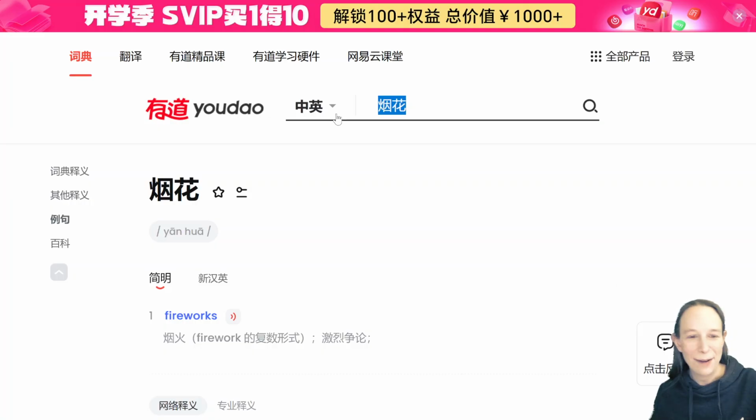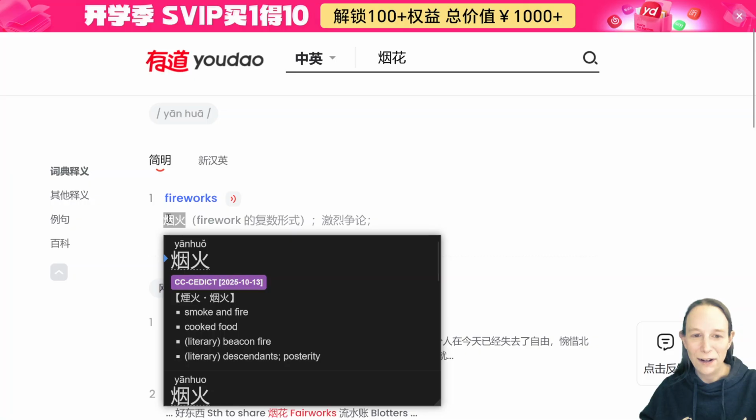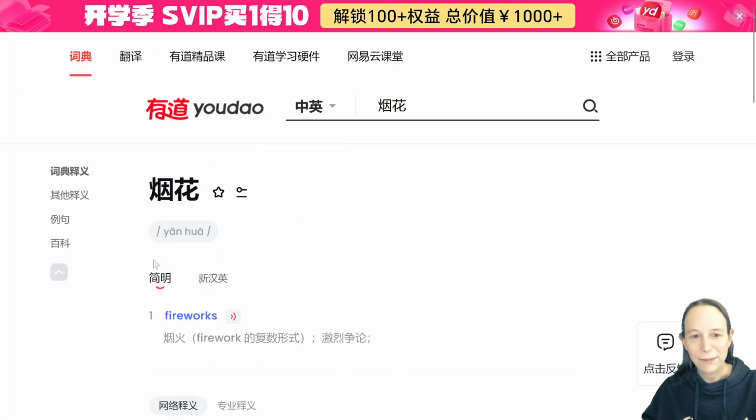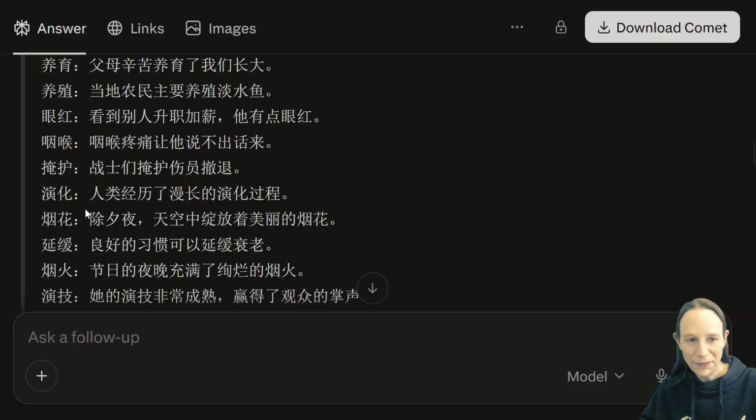Smoke flower is fireworks. Don't ask me why. 烟火, smoke fire. Maybe it's different. Anyway, there's probably some others I haven't thought of yet.